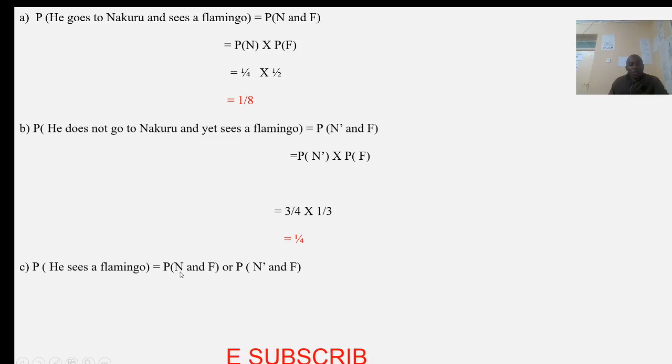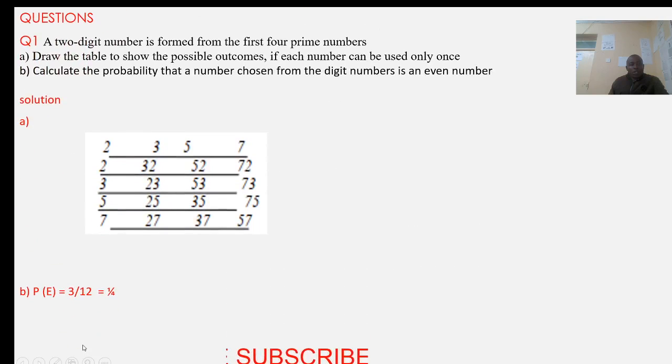The probability he sees a flamingo is the probability of going to Nakuru and seeing a flamingo, or not going to Nakuru but seeing a flamingo. So we got 1/8 plus a quarter, which gives you 3/8.